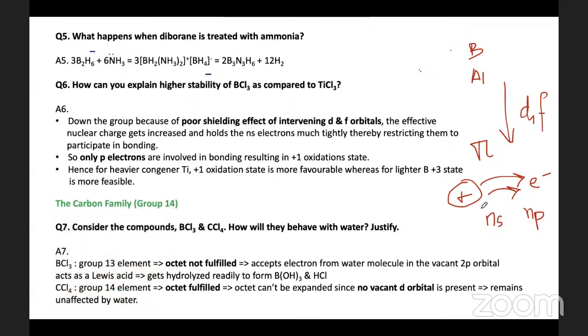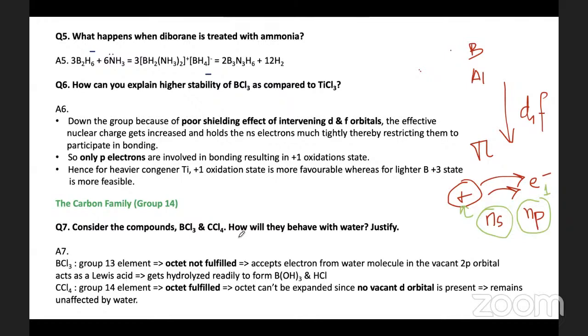So you see, if ns electrons are more tightly bound to the nucleus, that will not allow them to bond with other atoms or other metals or other species. But the np electrons, np1, will be available for bonding. That's why only one oxidation state will be favorable for the heavier elements down the group.